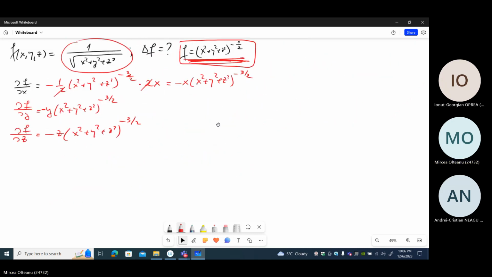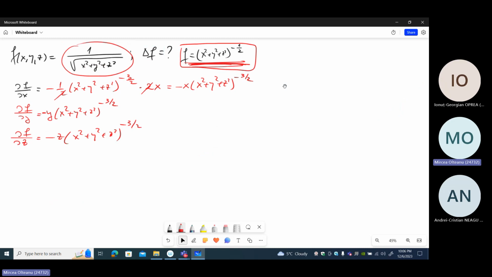In order to compute the Laplacian, we need to compute the second order non-mixed partial derivatives. For example, ∂²f over ∂x squared, and maybe we shall try to write the others directly if we can. Okay, let's see. So we need to differentiate with respect to x this expression, which is a product.